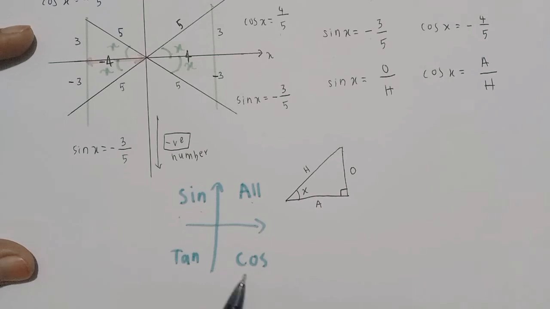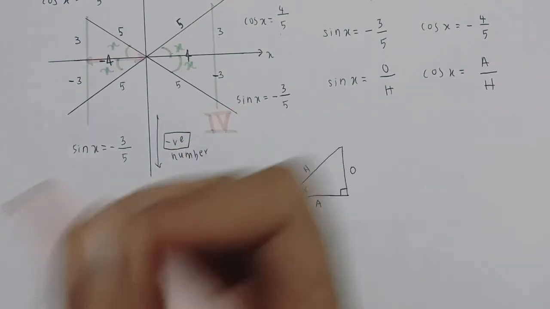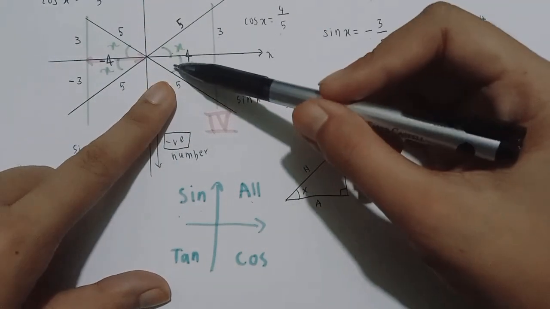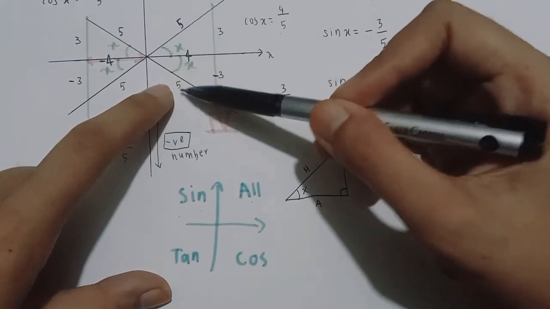It is proven that this is only for the same, right? So if we look at the fourth quadrant, since cos is positive in the fourth quadrant, let's see. Cos is adjacent over hypotenuse.